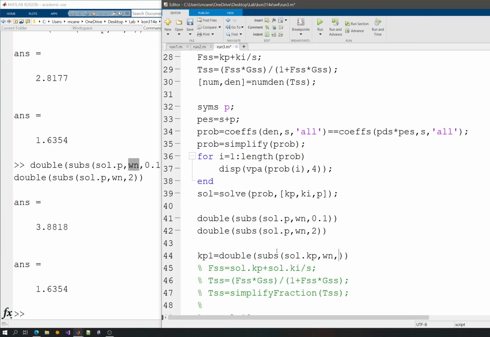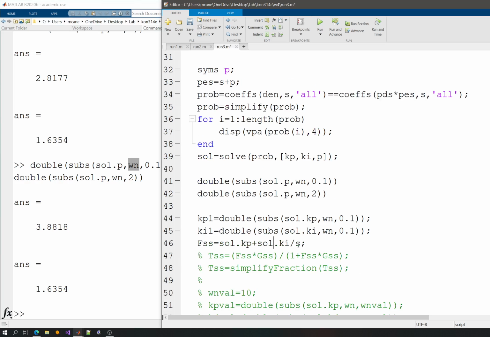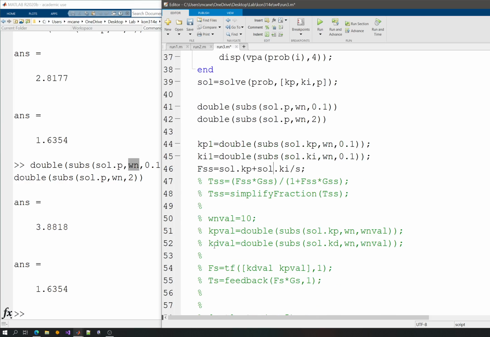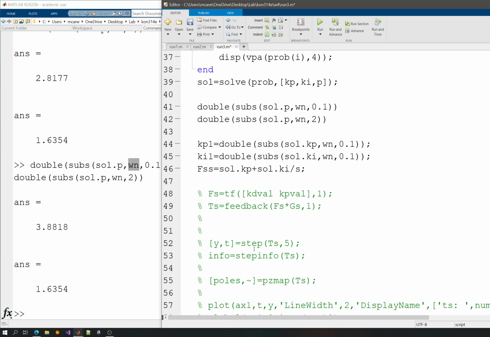I'm changing the omega n value, and I decided that it should be 0.1. And if I have the ki value, I'm going to choose ki and give it a different value. Now I will define my system here. I guess it is not necessary to try these here.